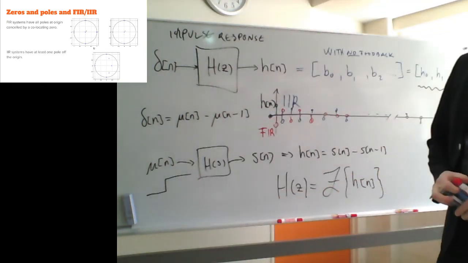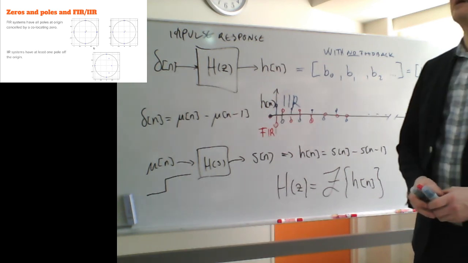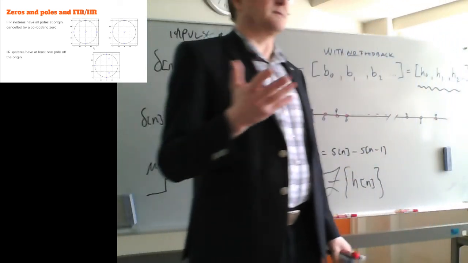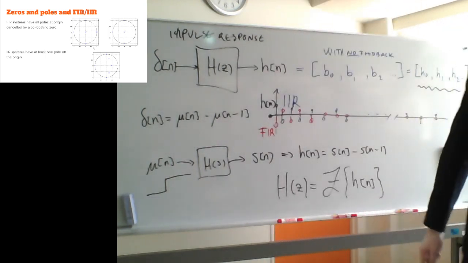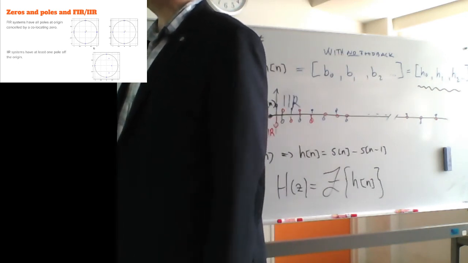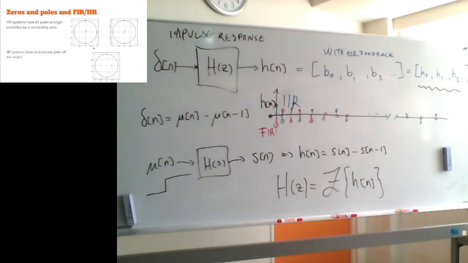More stuff. How you can say from a zero-pole plot if a system is FIR or IIR. That's probably the easiest way of checking if the system has finite or infinite impulse response. You check where the poles are. For FIR systems, poles are always either at the origin or at the same place as a canceling zero.